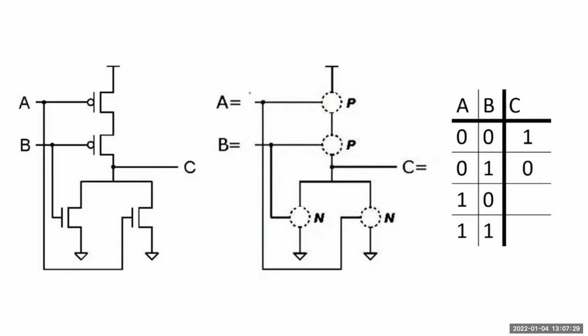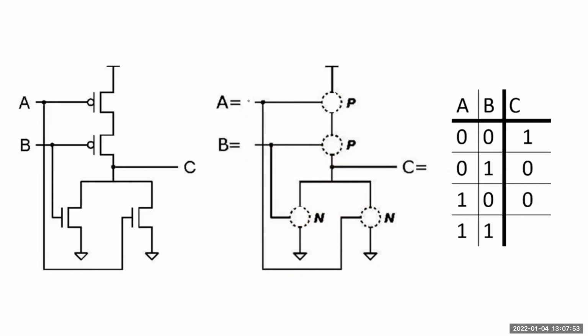Next input combination, 1, 0. A is 1, so we have an open here and a short on this PMOS because of the B, and then this guy is going to be open and this guy will be shorted. So now we have a different path, but we still have a path nonetheless from ground to the output, so our output will be 0.